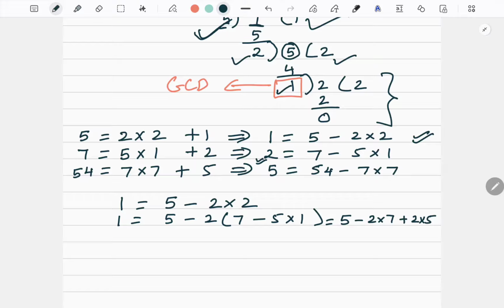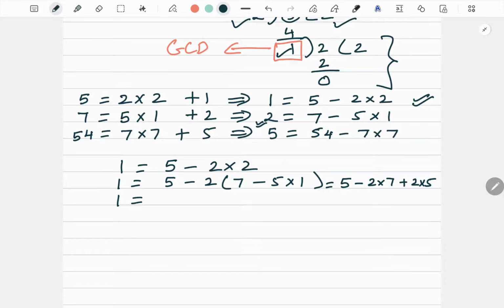Again, I am saying don't multiply, right? Now, 1 is equal to, look here, how many 5 are there? See how many 5s are there? 1 5 and 2 5. So total we have 3 5.